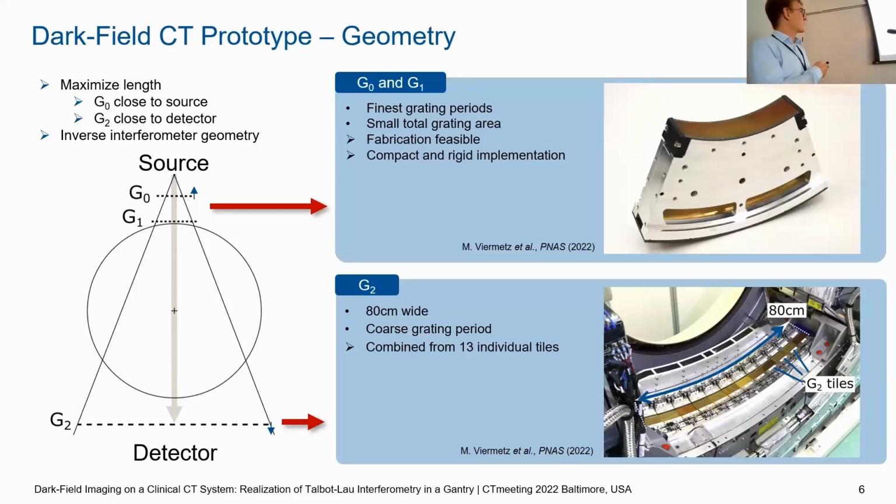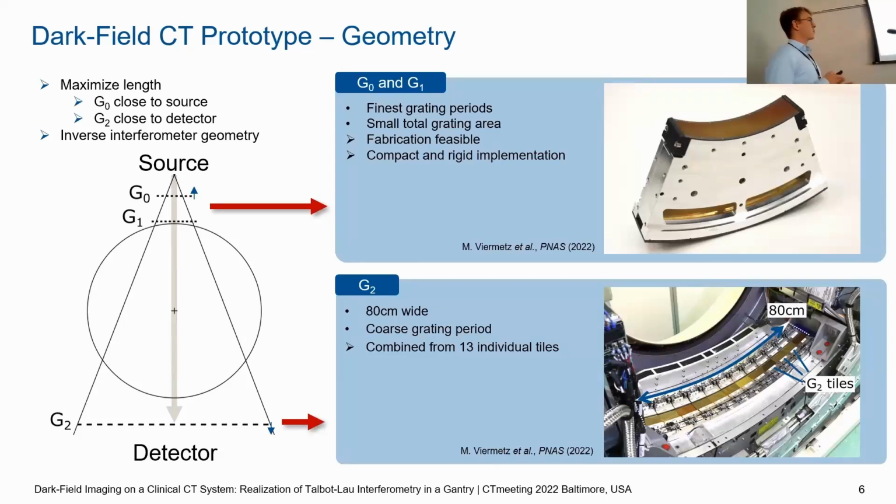In this geometry, the first 2 gratings have the finest grating periods. This is generally difficult to fabricate because the periods are so fine, but fortunately, these 2 gratings are rather small in total area because they're so early in the beam path. So this fabrication is actually feasible.